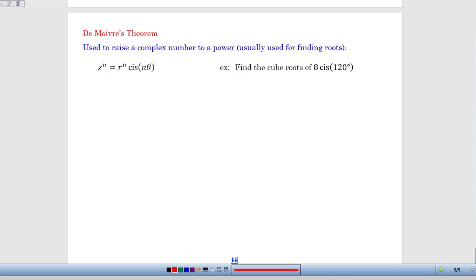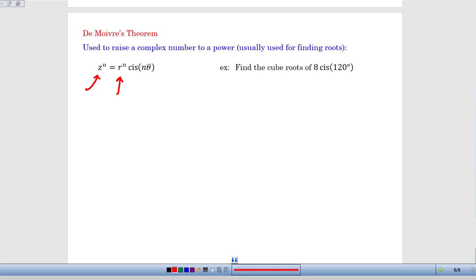The last thing we have is something known as DeMoivre's theorem. And so this is when we're asked to raise a complex number in trigonometric form to some exponent, or to find the square root or a cube root, which is really also raising a number to an exponent. DeMoivre's theorem says that if we're raising our complex number to some exponent n, then the way we're going to do that is we're going to take our r value, the modulus, and raise it to that exponent.